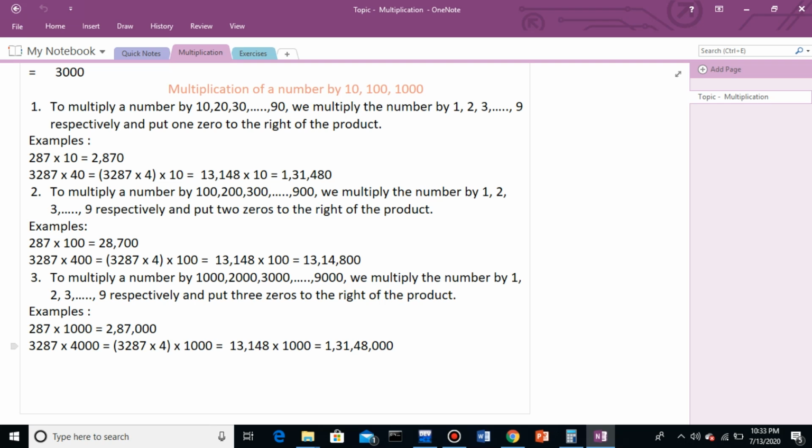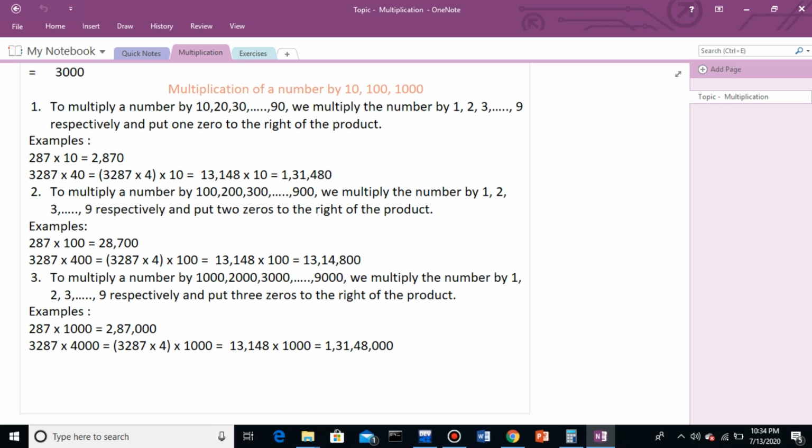So we'll now put 3 zeros to the right of the product. Product was 13,148. If we put 3 zeros to the right of it, it becomes 1 crore 31 lakh 48,000. So that will be the answer.